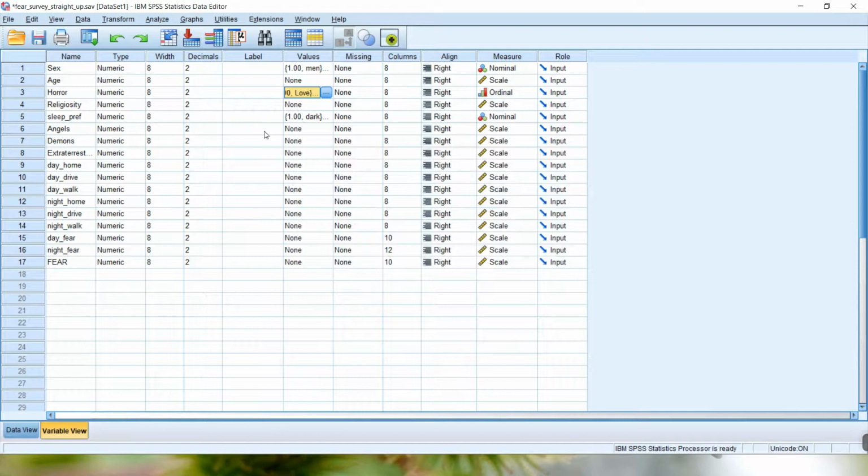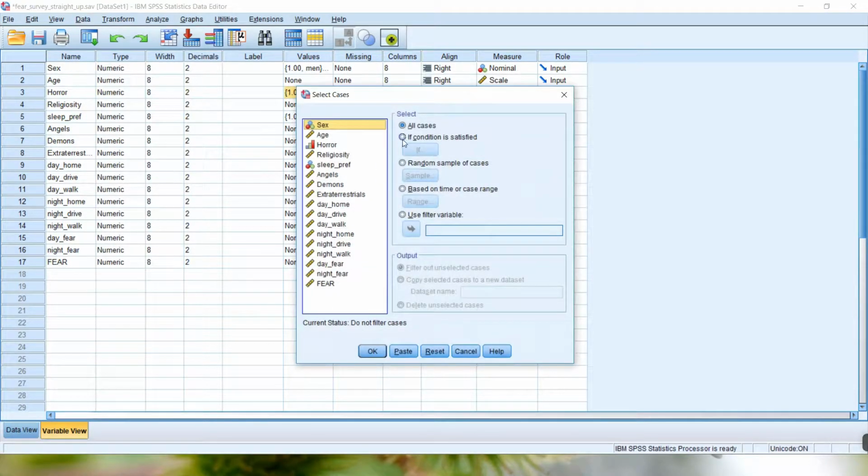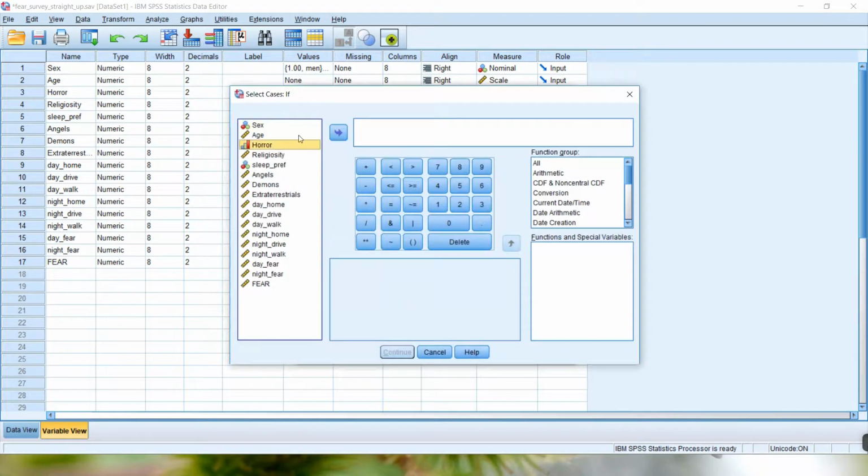Okay. So let's go back and tell SPSS to select just the people who loved horror movies. So again, go to if, the big if, horror equals 1. And that tells SPSS that you only want the people who said they love horror movies.